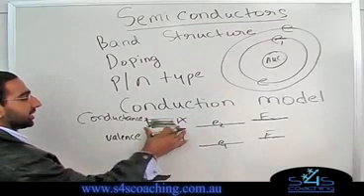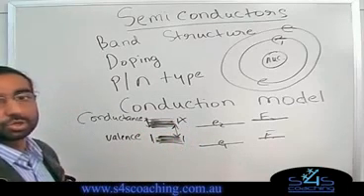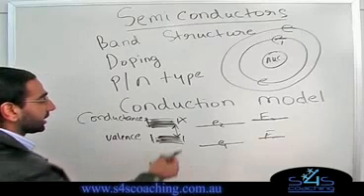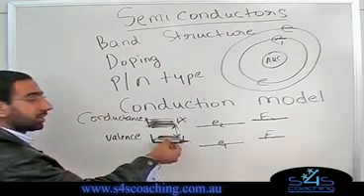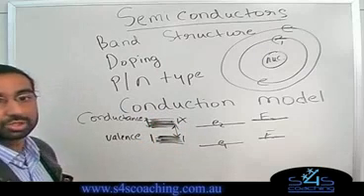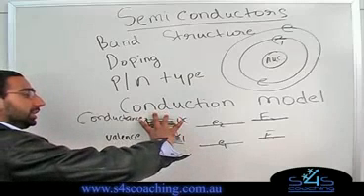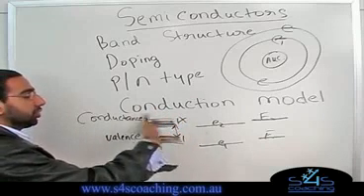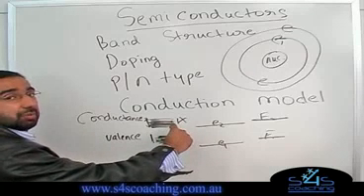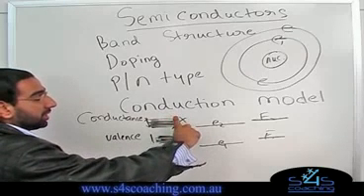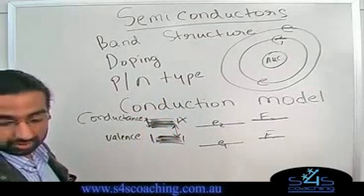Between the valence band and the conductance band, I have a gap. This gap is called the forbidden gap. The electron cannot be here. It can either be here, in which case it will not conduct, or it can be there, in which case it will conduct. In a conductor, these two bands overlap, so there's actually no forbidden gap. In a semiconductor, there's a decent sized gap, and in an insulator, this gap is pretty big. And because the gap is pretty big, it's harder for the electrons to conduct.